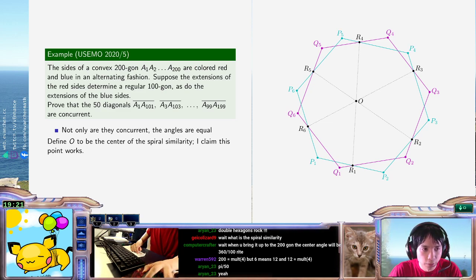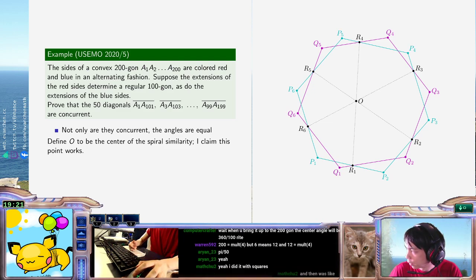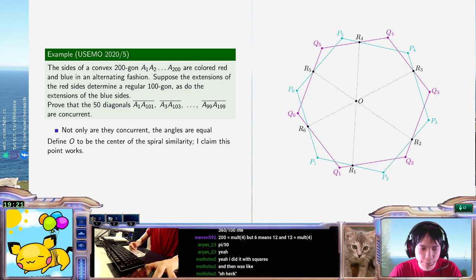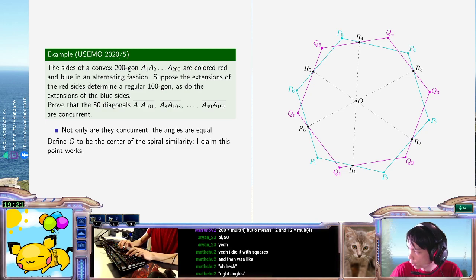And now, if you use the Miquel lemma, what that tells you is that these points are cyclic. So maybe I'll draw it in the picture. The Miquel lemma tells you that the circumcircle... with squares, when you see the right angles, that's the big giveaway.